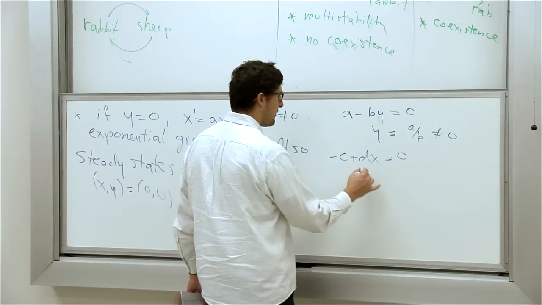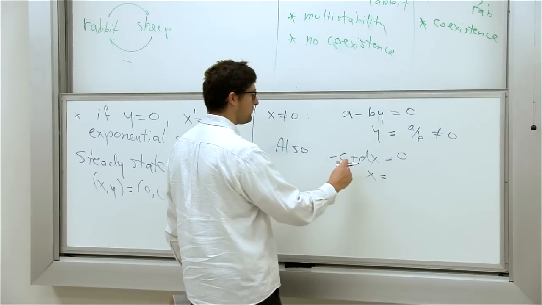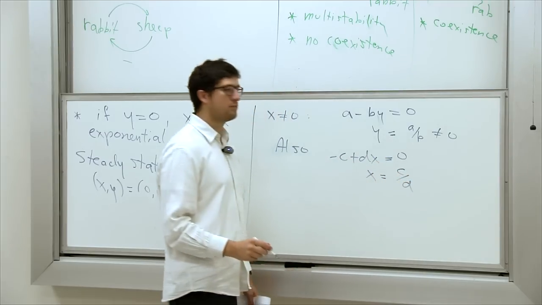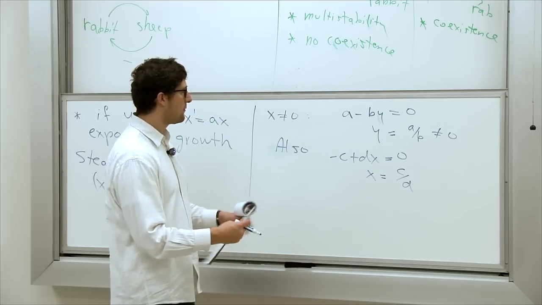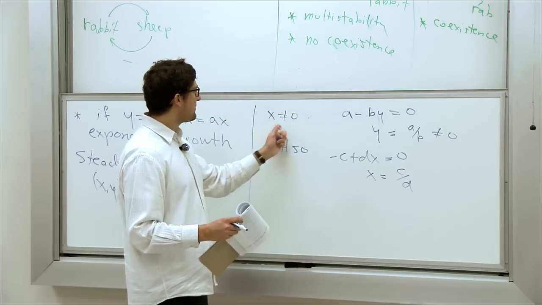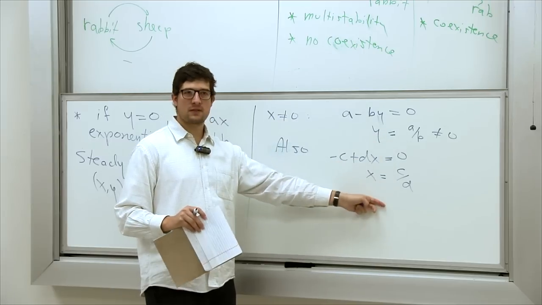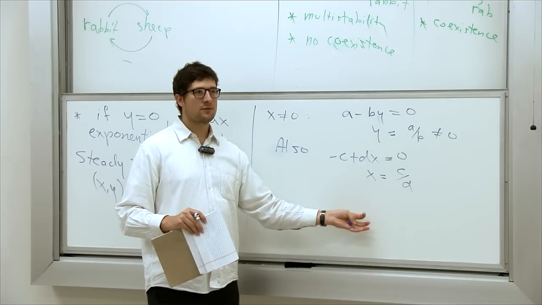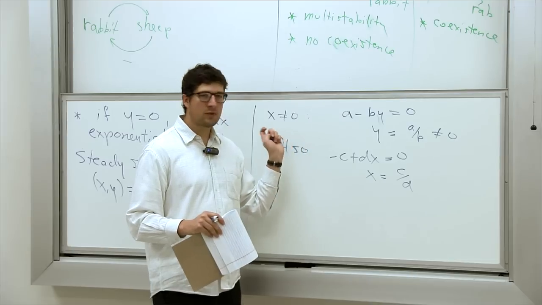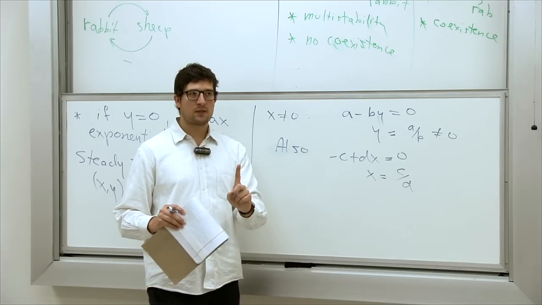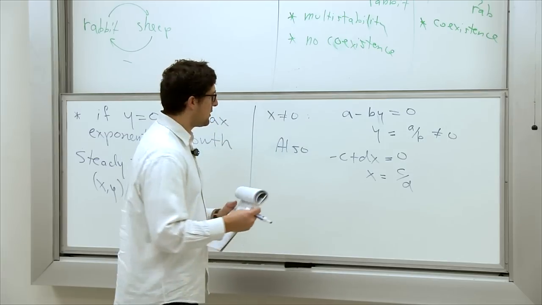Therefore, x is equal to c over d. Great. So notice that the assumption alone that x is different from 0 leads to this steady state and nothing else. We can do the same if we assume that y is different from 0, and we get to the same steady state. So we really only have two steady states, this one and that one.